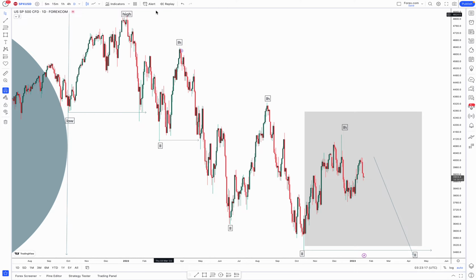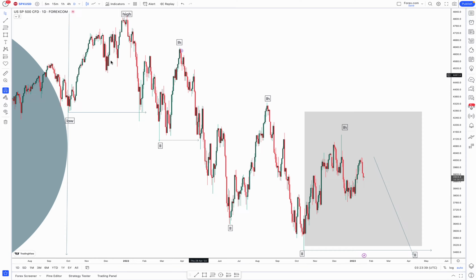So our job here is done on the daily chart. We're not going to be looking for anything else for now. We just know that the daily is bearish. So we must be looking for long-term selling opportunities. That's all. If we want to be buying, only short-term.